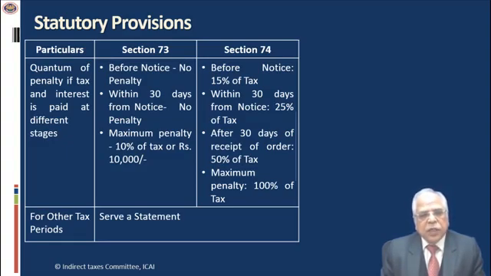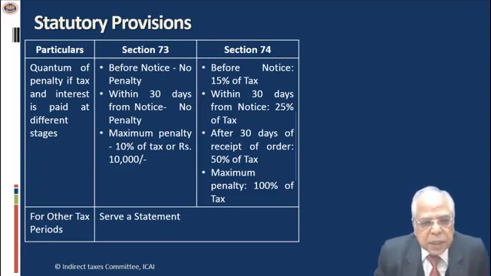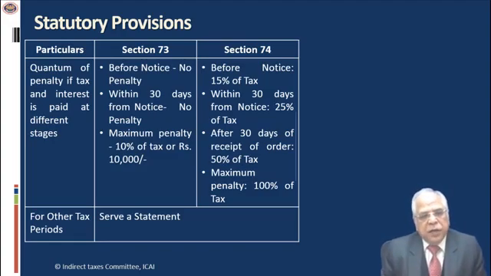And after 30 days of receipt of the order, that means once the adjudication is being done, the maximum amount of penalty will be 50% of the tax. But otherwise, maximum penalty shall be 100% of the tax ought to be evaded. I'll repeat it once.